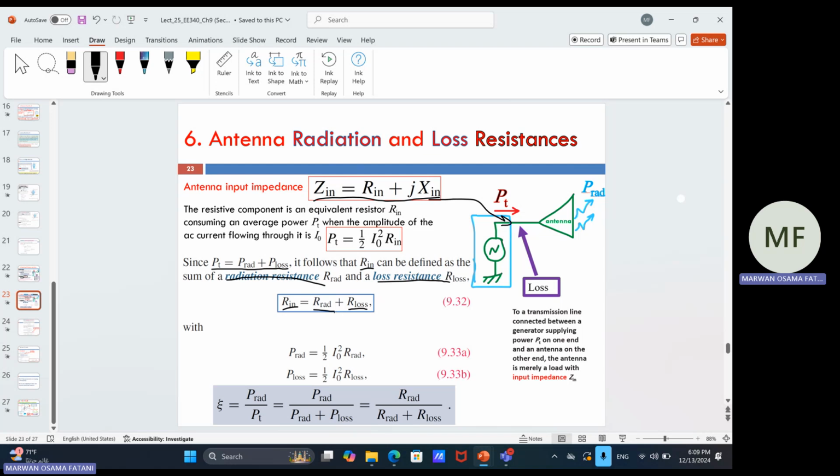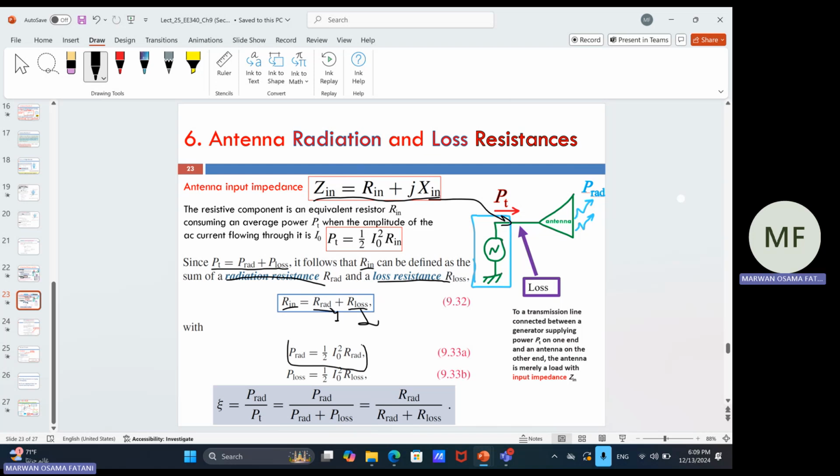The radiation resistance basically represents the power radiated as electromagnetic waves, and this loss resistance is the power loss due to heat or any material imperfections.